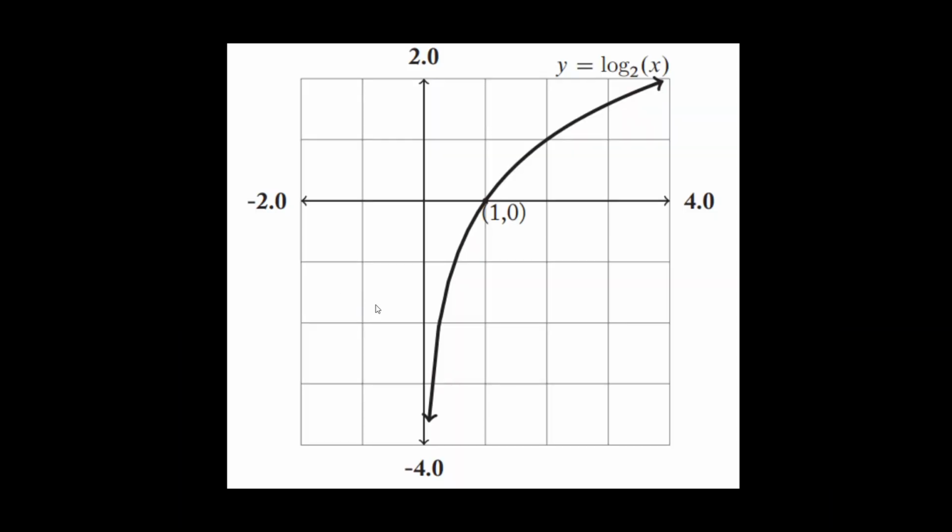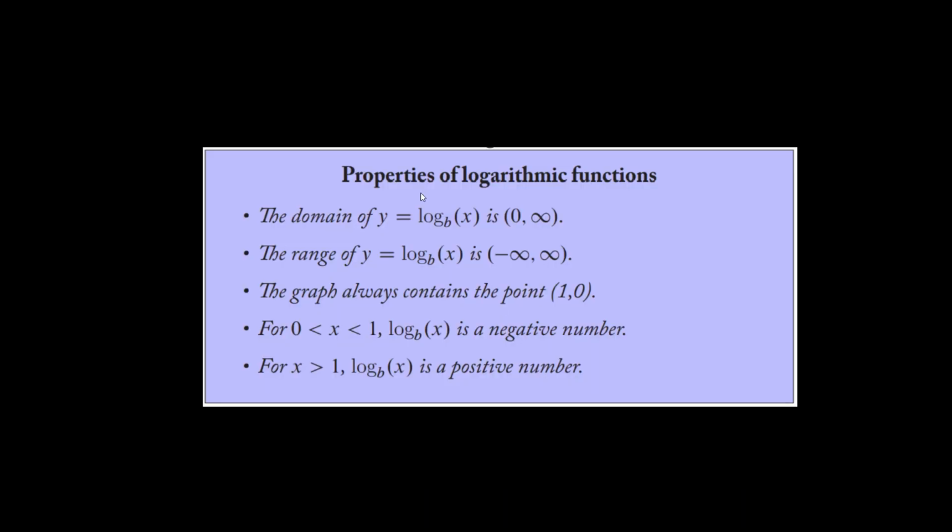Ayan. So, ito po ang example ng isang logarithm function. So, log 2 of x ito. So, ganyan po yung graph niya. Okay. So, ito naman po ang properties ng logarithm function. The domain of log b of x is from 0 to infinity. The range of y is equals to log b x is negative infinity to infinity.